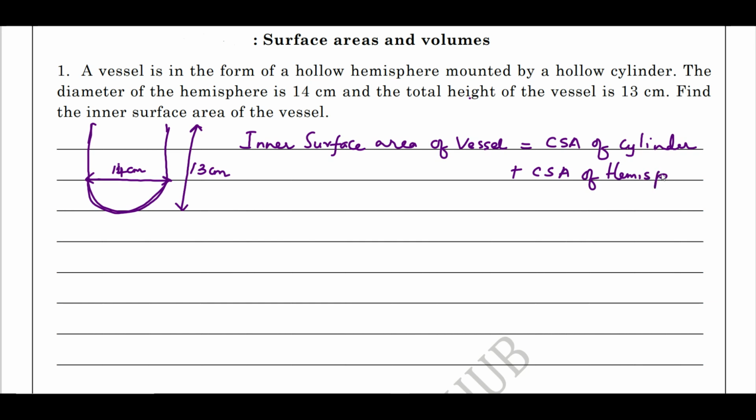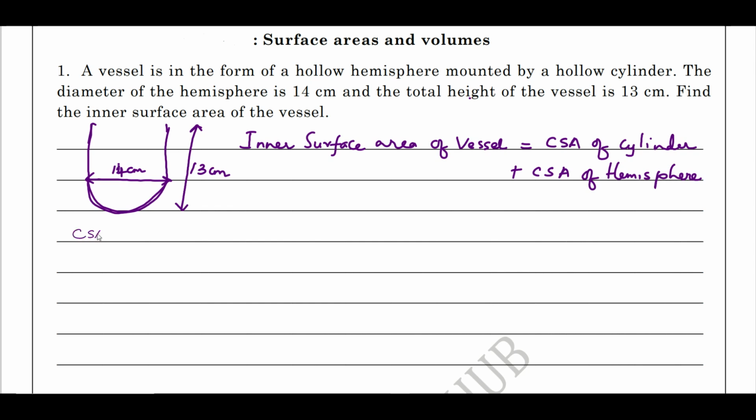Students, do understand; if you understand, it will be very easy to solve. As I told you, I'll calculate the CSA of the hemisphere and the CSA of the cylinder separately, then add them to get the inner surface area of the vessel.